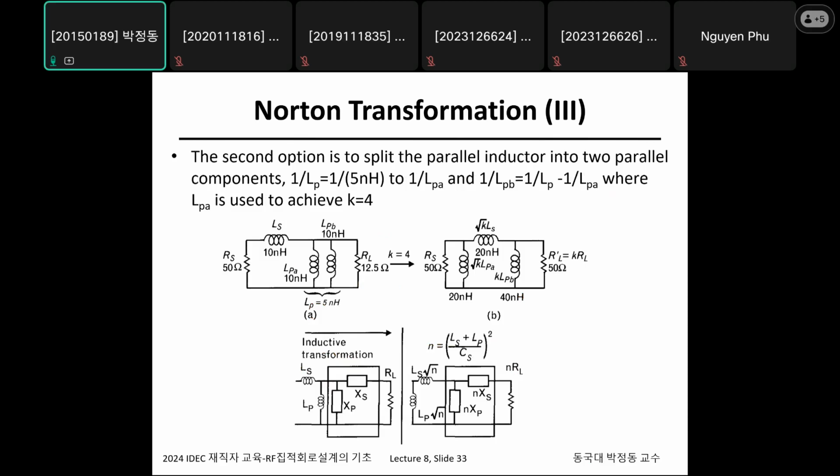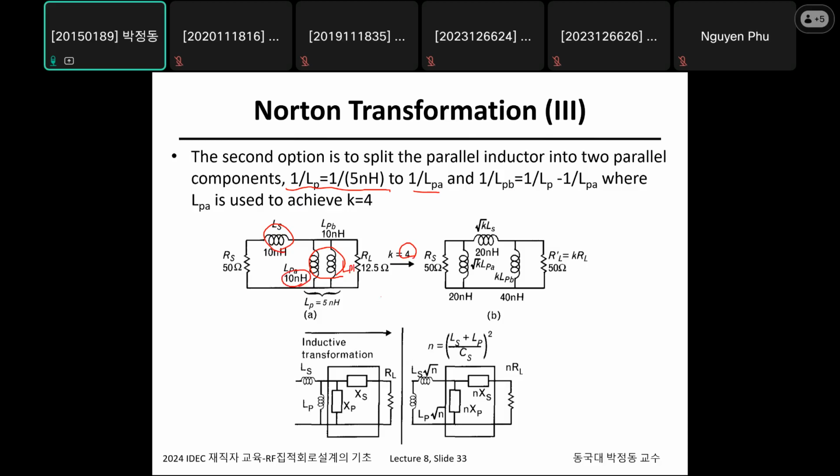So there is a second option. As we just split the series inductance, we can also split the parallel inductance, because this is split in the admittance domain, the susceptance domain. We just calculate like this. To make n equal 4, we make LPA equal 10 nanohenry, and this is also 10 nanohenry.